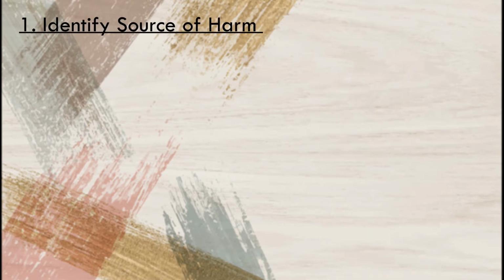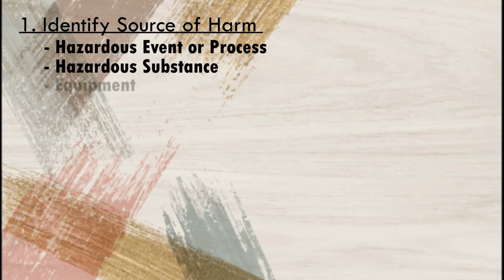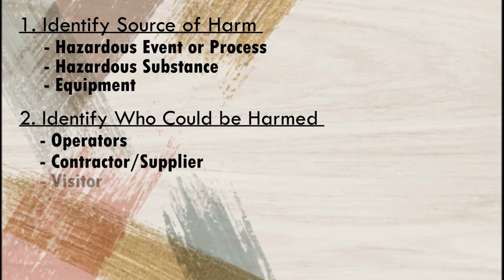To identify hazards, follow these steps in your organization. The first step is to identify the source of harm. Consider a hazardous event or process, hazardous substance or equipment. The second step is to identify who could be harmed, like operators, contractors or suppliers, or visitors.